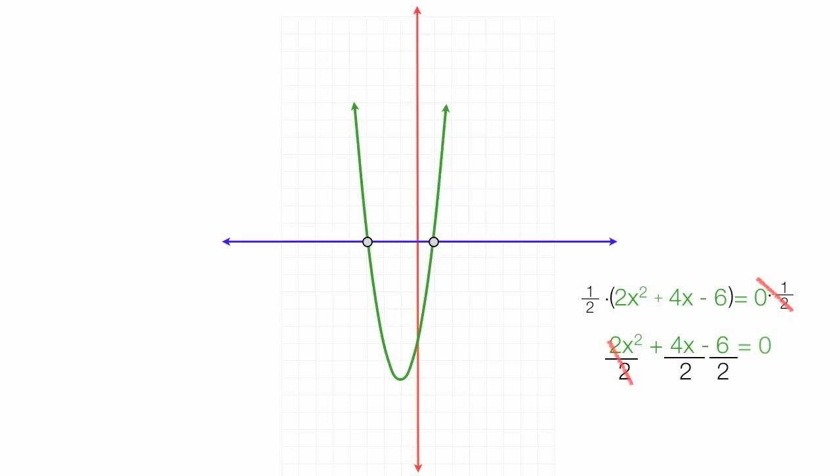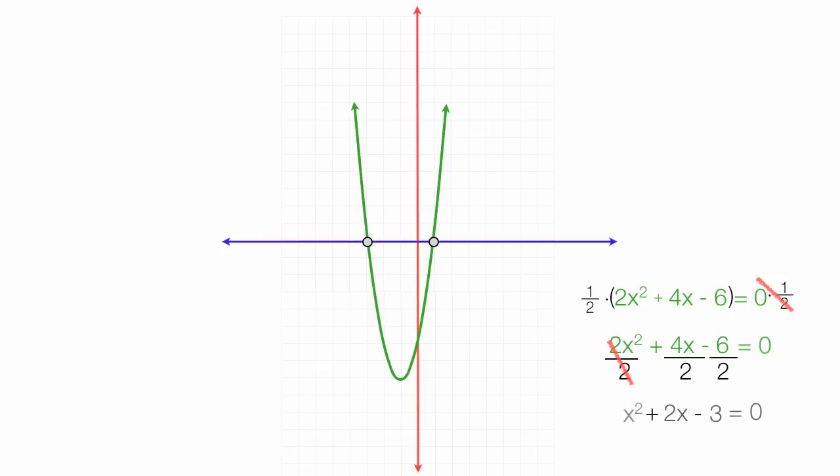And those 2's cancel out. Leaves me with x squared plus 4x divided by 2 is 2x, minus 6 divided by 2 is 3, negative 3 or minus 3. And this all equals 0.